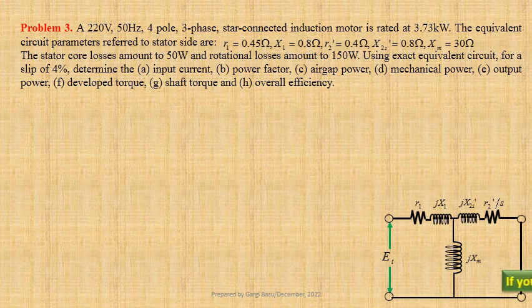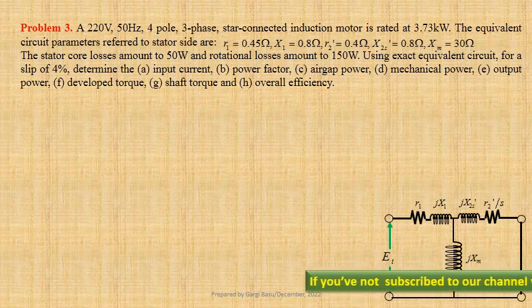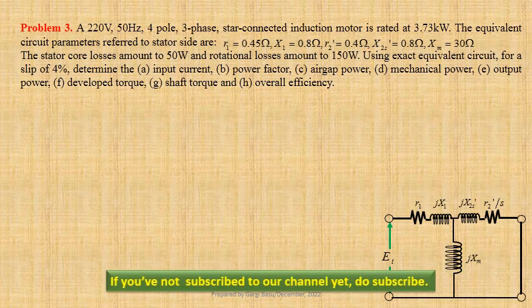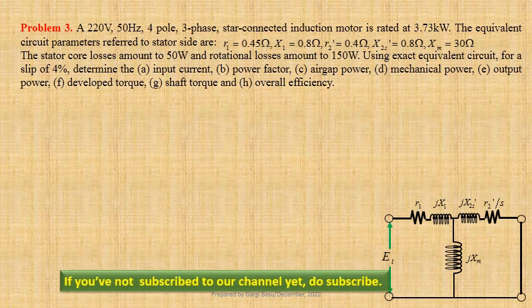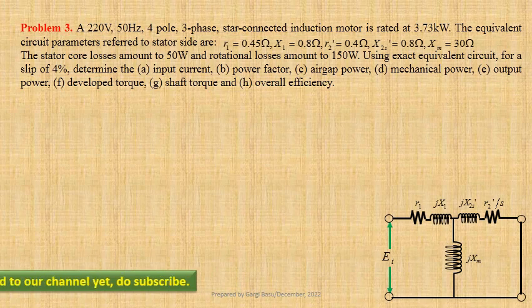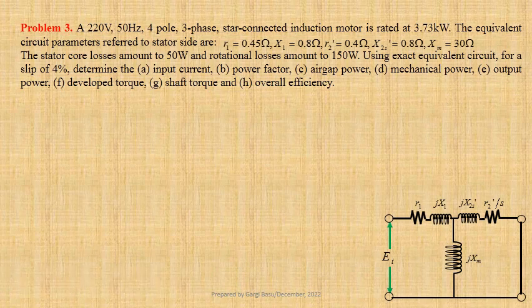The equivalent circuit parameters referred to stator side are R1 equals 0.45 ohm, X1 equals 0.8 ohm, R2' equals 0.4 ohm, X2S' equals 0.8 ohm and Xm equals 30 ohm. The stator core losses amount to 50 watts and rotational losses amount to 150 watts.